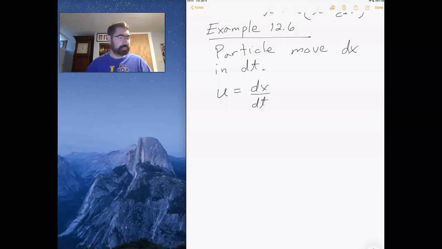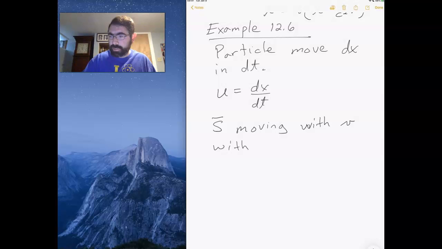Now, the barred frame, so I'll call it S bar, is moving with velocity v with respect to S. So again, let's say this is our familiar train.